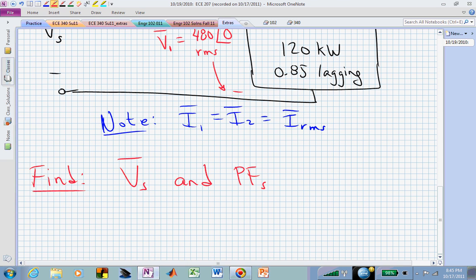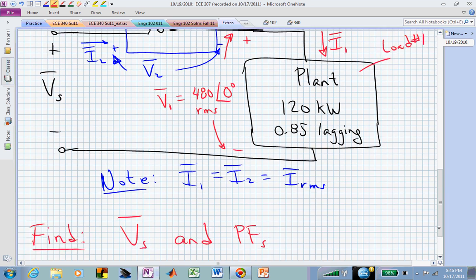We could do this many different ways. Let's look at it in a way that was slightly different than what we talked about in the last session.